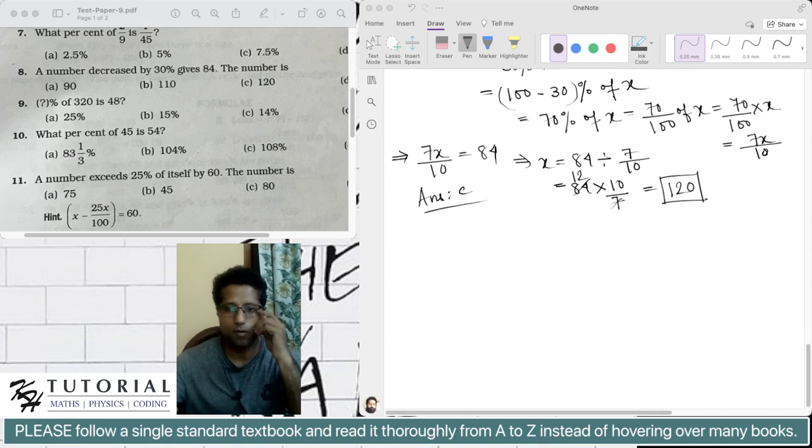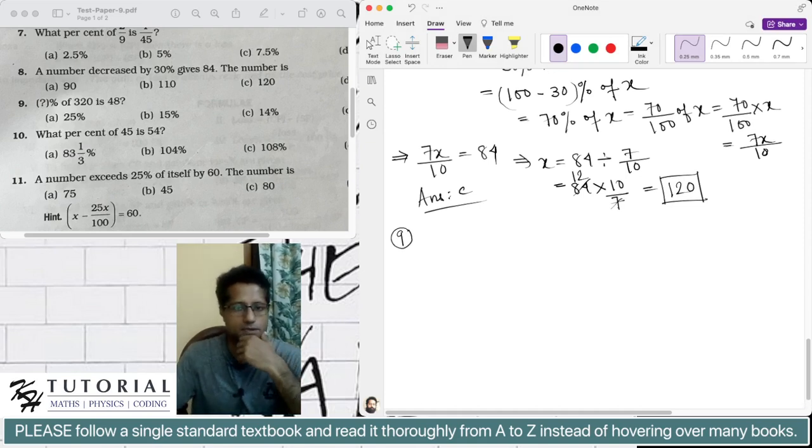So let's do problem number 9. It is asking what percent of 320 is 48. So it is asking, with a question mark, what percent of 320 is 48.